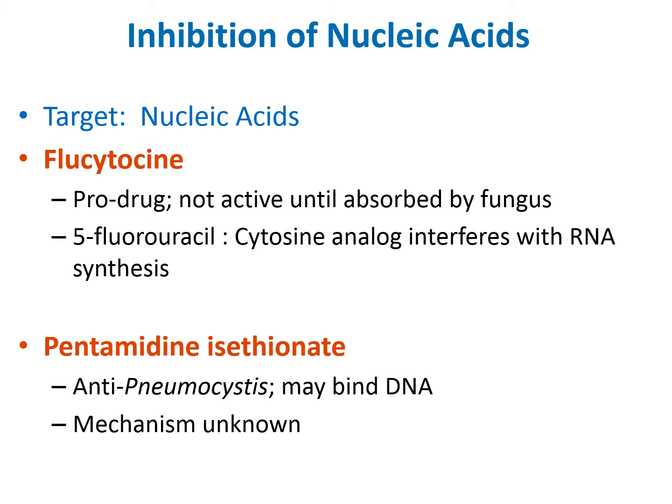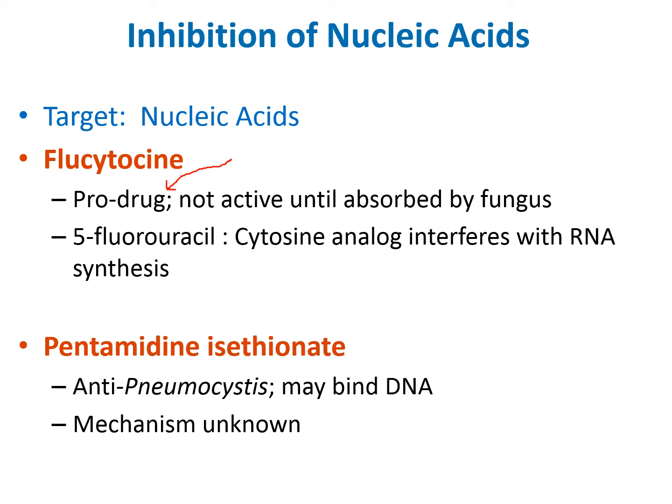Nucleic acid synthesis is the final drug target for antifungal drugs that we'll be discussing. Flucytosine is called a prodrug. That means it's administered in an inactive form, and it's not until the drug actually enters the cytoplasm of a fungus or a bacterium that it becomes active.